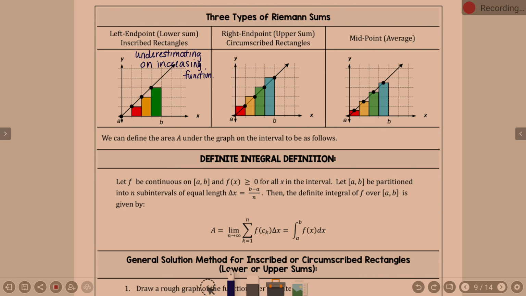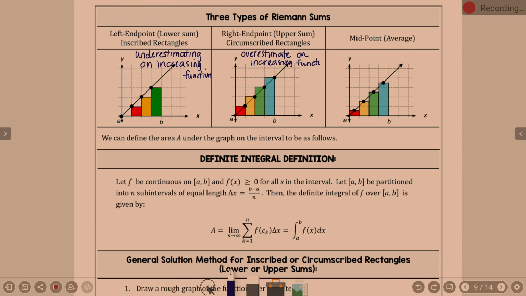It's going to be an overestimate anytime you're on an increasing function. These are all examples of increasing functions. I'm trying to get you thinking about the idea of under and overestimate again. It's an overestimate on an increasing function.